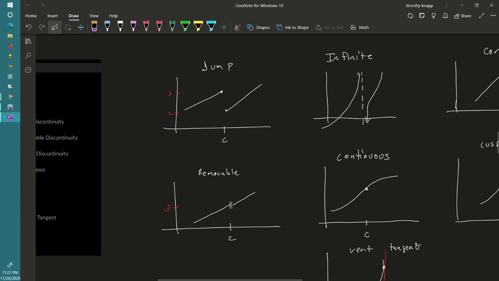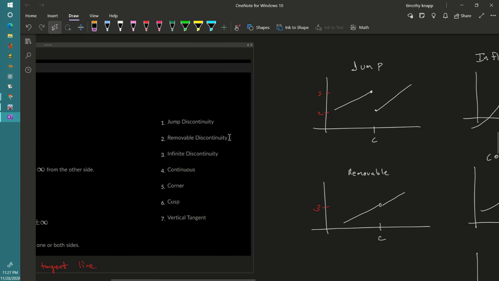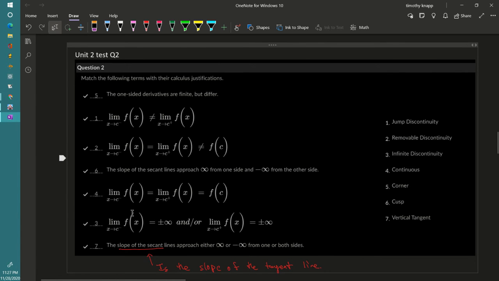Well, I've got a hole there. So the function is not equal to 3 at C. That's what a removable discontinuity looks like. And if you look at its definition, it's this. Here you can see the left-hand limit is equal to the right-hand limit, yet the function is not equal to those. And so that would be known as a removable discontinuity.